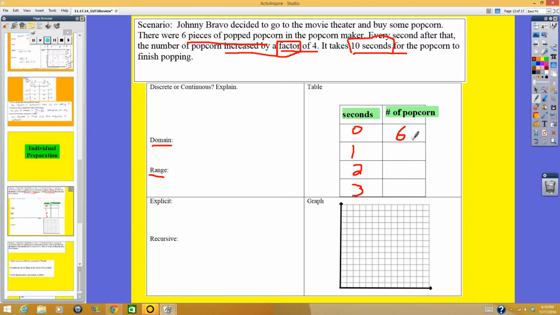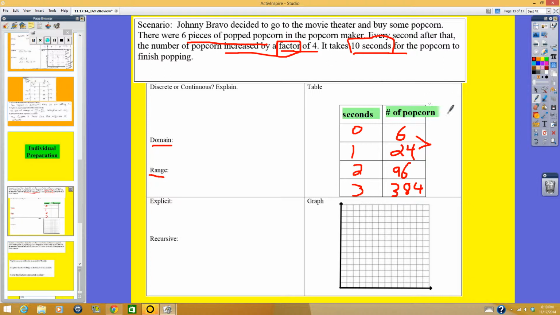So you'd multiply by 4. So 6 times 4 would give you 24. 24 times 4 would give you 96. And if you multiply that times 4, that's 384. Okay?